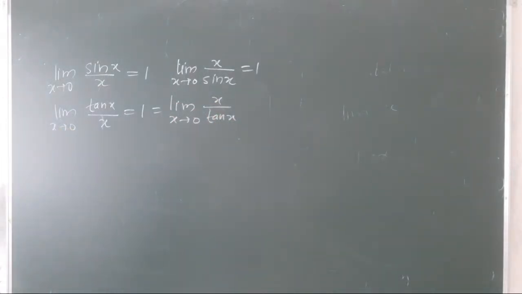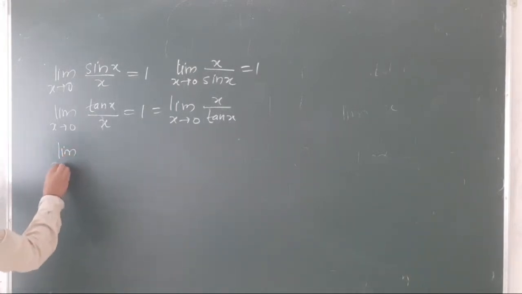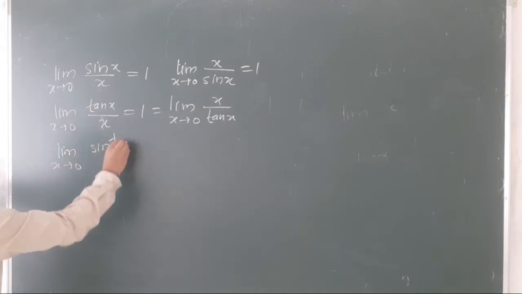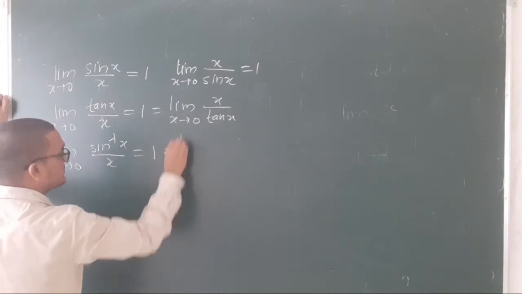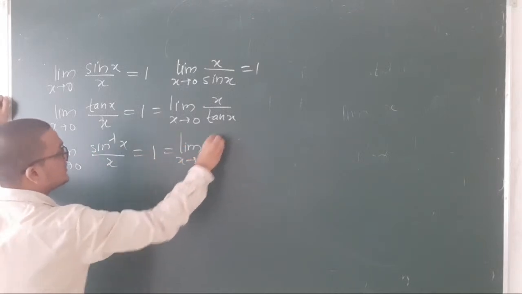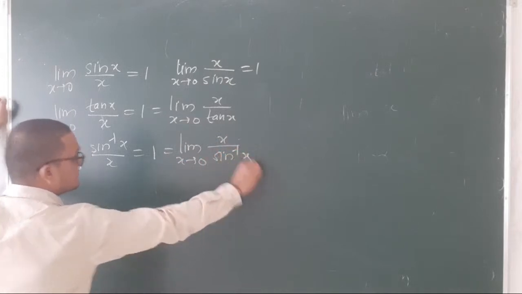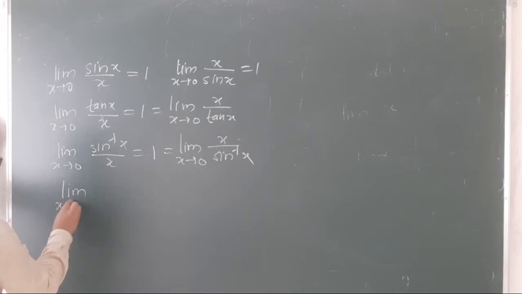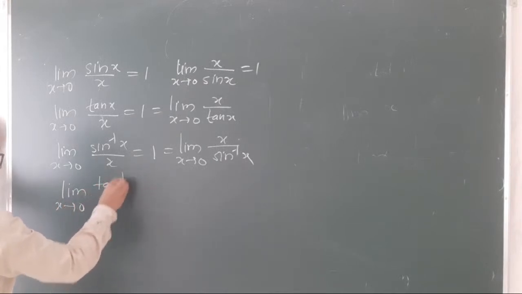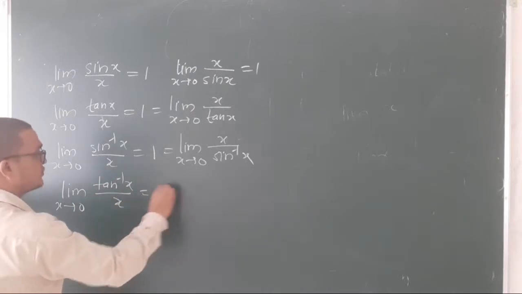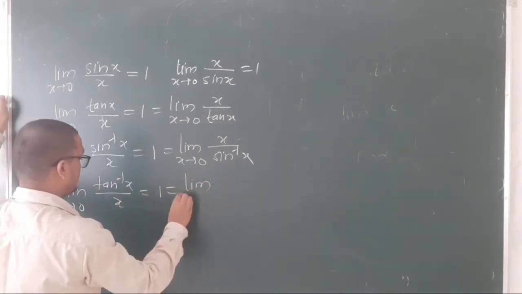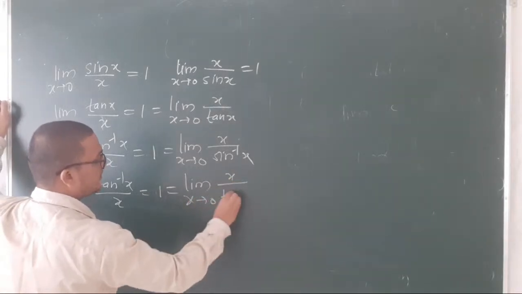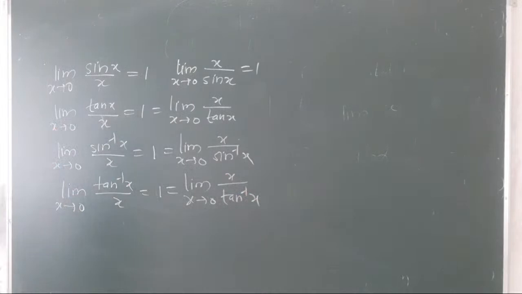Again next, limit x tends to 0, sin inverse x upon x, which is equals to 1, or limit x tends to 0, x upon sin inverse x. Similarly, we can write it for tan inverse x also. Limit x tends to 0, tan inverse x upon x, which is equals to 1, or limit x tends to 0, x upon tan inverse x, which is also equals to 1.